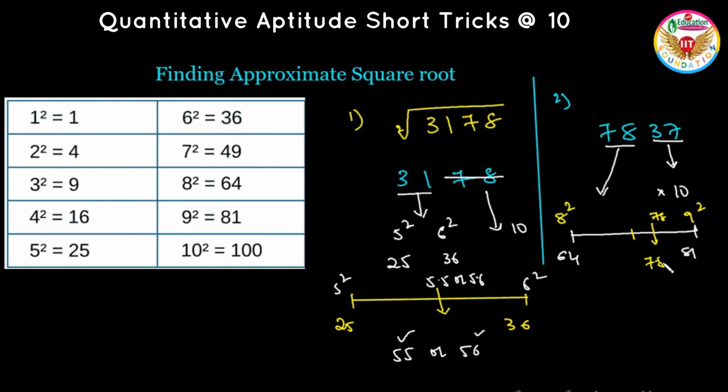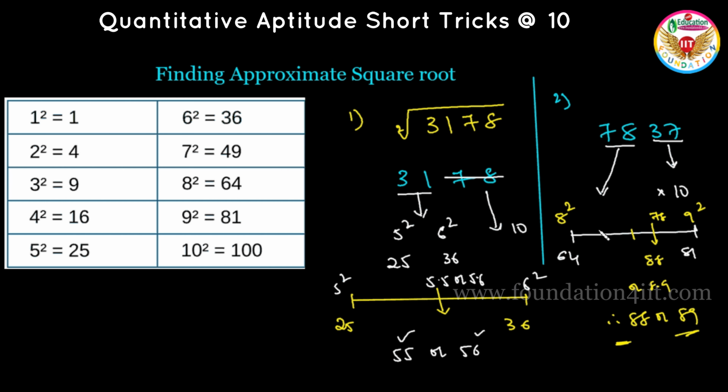So approximately 7.8 or 7.9. This is 8, right? That means after 8, like 8.8 or 8.9. Therefore 88 or 89 we can take as the answer, because of the multiplication by 10.